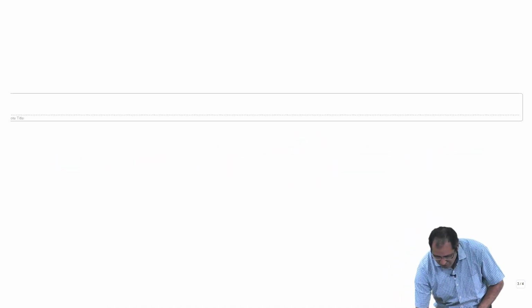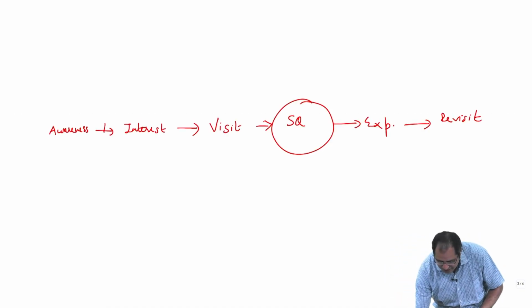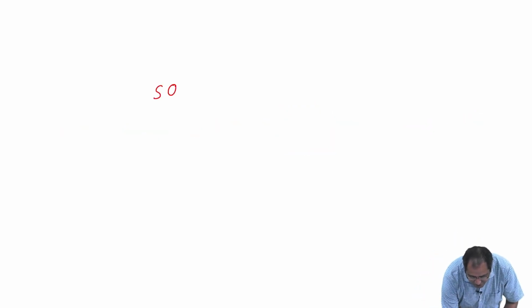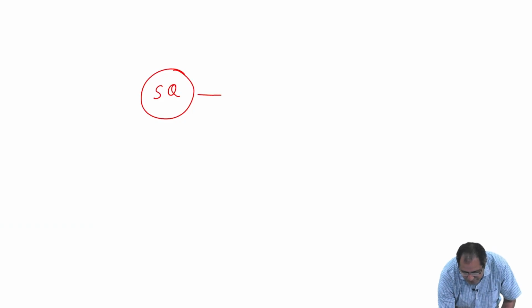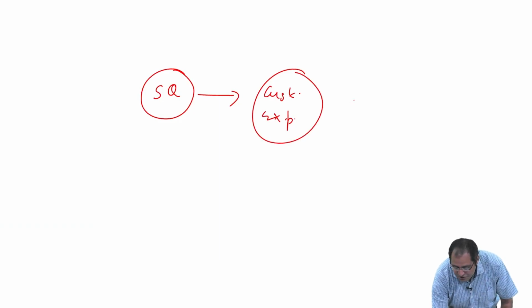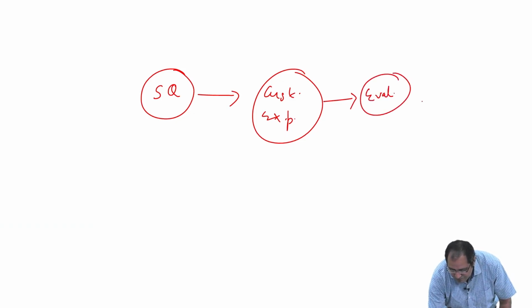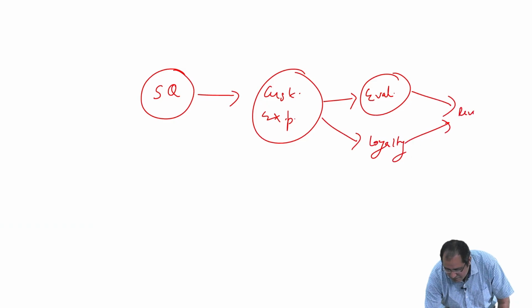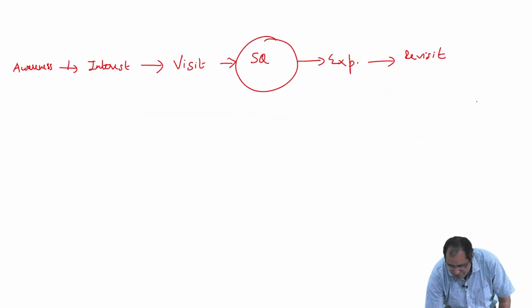So now narrowing down, see, we know where service quality is coming, right? Service quality is coming here. So the theory says that service quality leads to customer experience, which leads to evaluation and loyalty, which leads to revisit, repatronage.